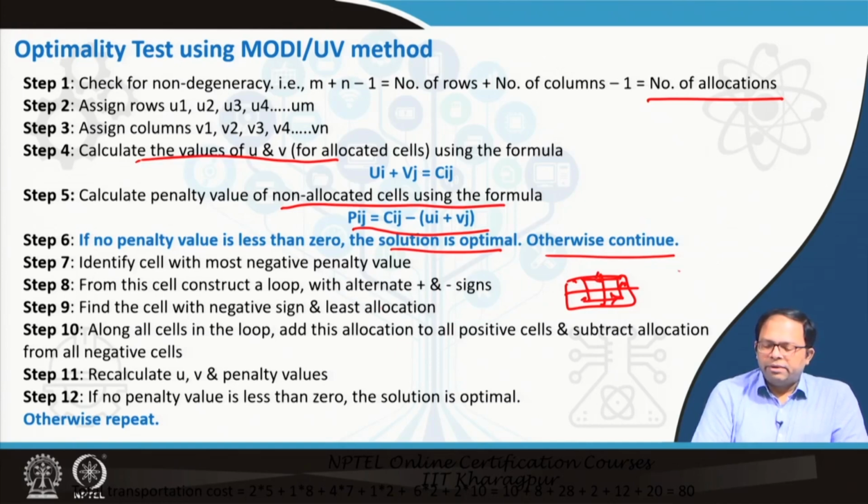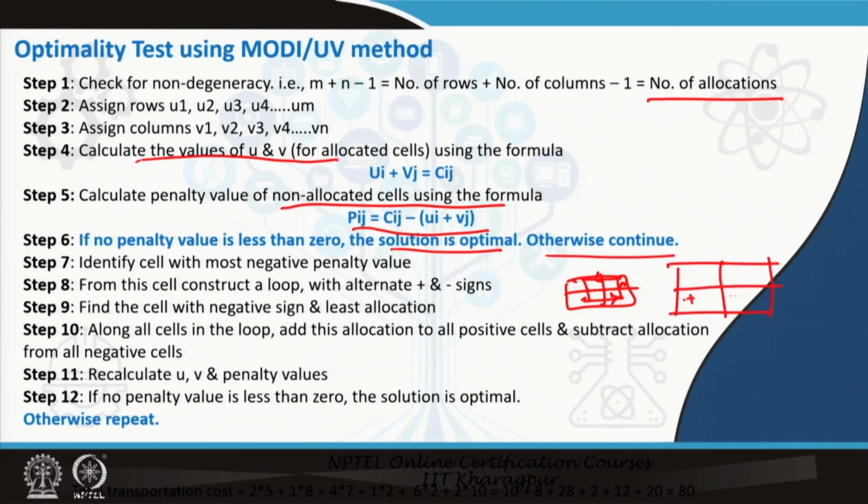Now we will also use positive and negative signs. If I start with a positive sign, then this is negative, this is positive, this is negative, and so on. Then we find the cells with negative signs and the least allocation.